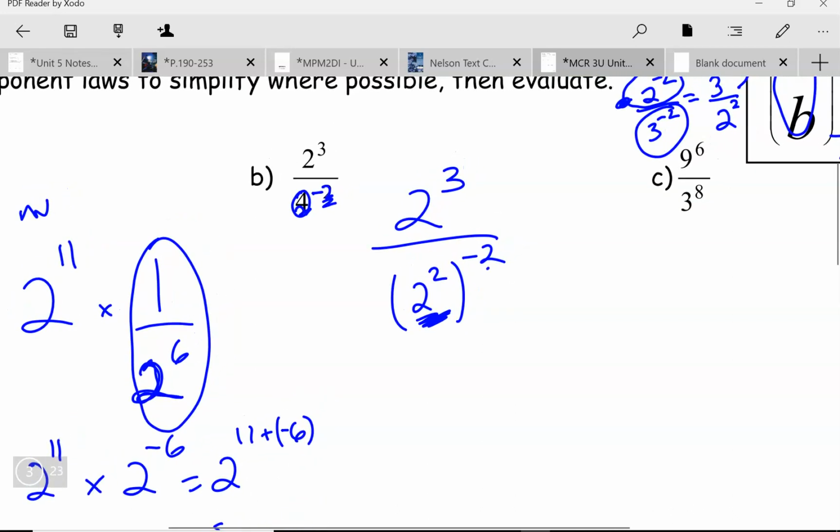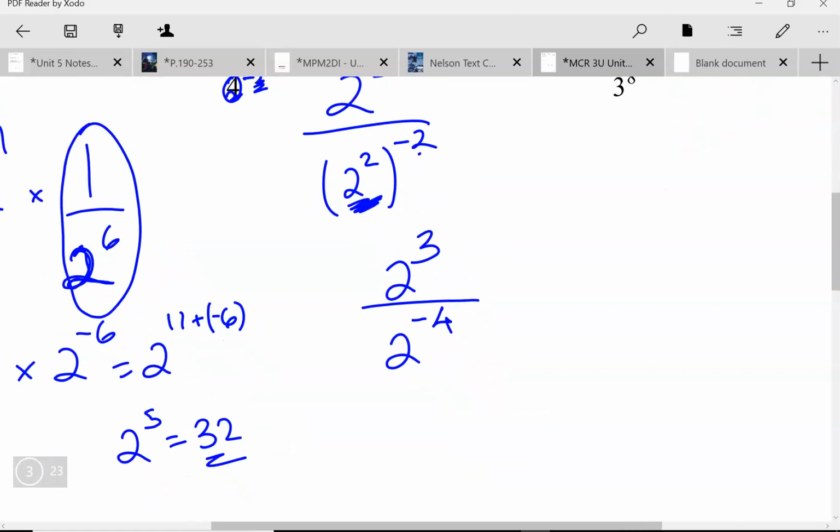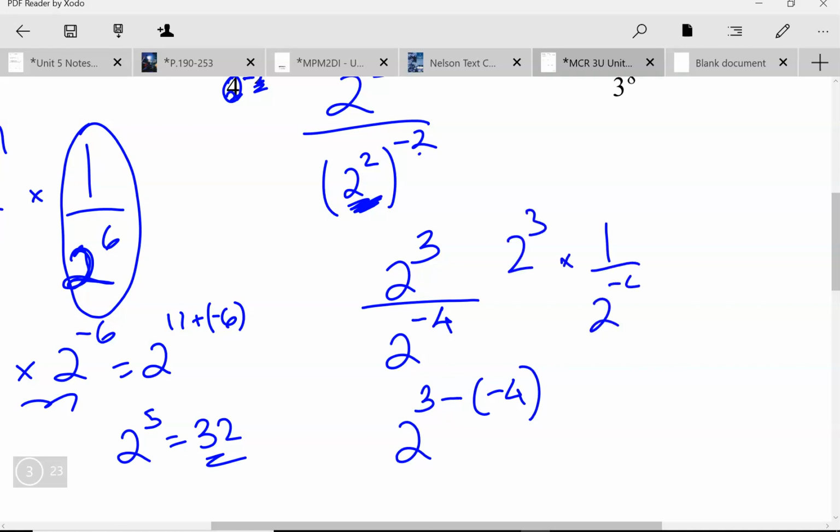Okay, after that long stretch of me just blurting out numbers, we're going to continue working on this. 2 to the power of 3 divided by... I'm using the multiplication rule. 2 times negative 2 is negative 4. And here, again, I can use the division rule, or combine both rules. I'm just going to use the division rule here, negative of negative 4.